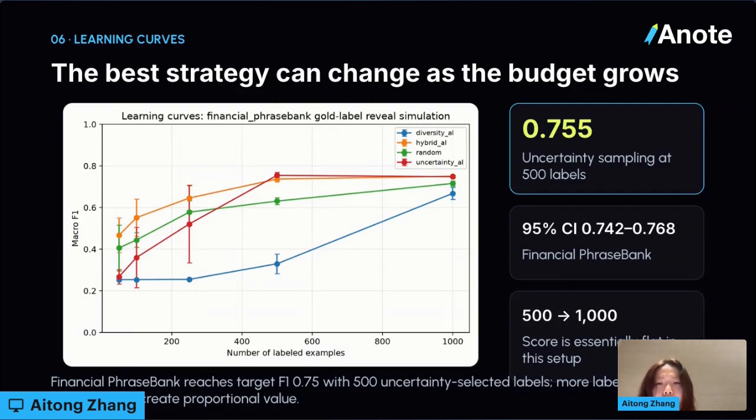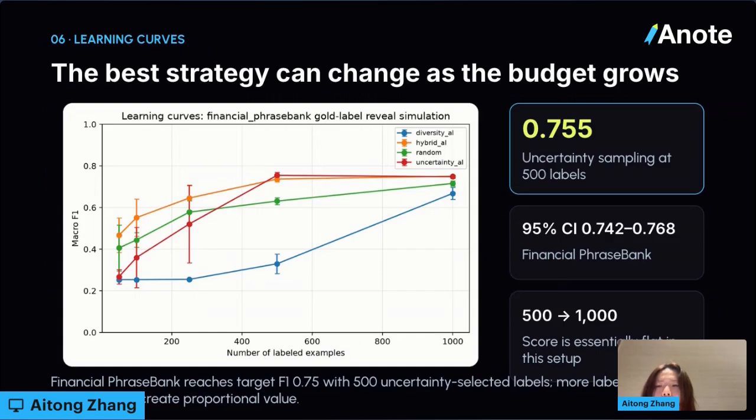As the number of labels grows, uncertainty sampling improves substantially. At 500 labels, it reaches a macro F1 of 0.755. What matters here is the shape of the curve after that point. Moving from 500 to 1000 labels creates almost no additional improvement for the leading strategy in this setup.